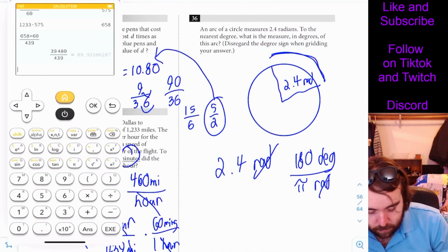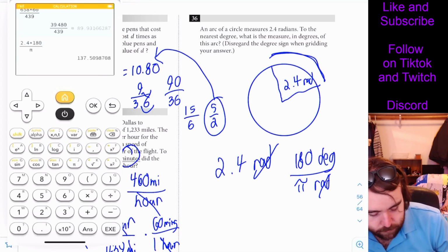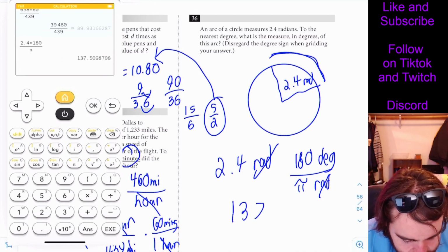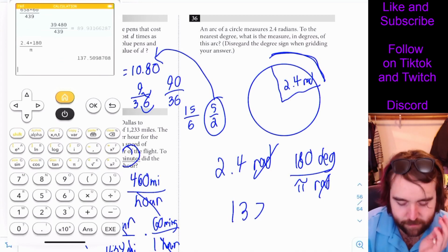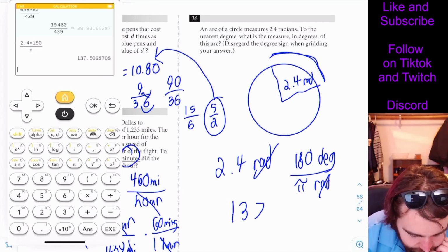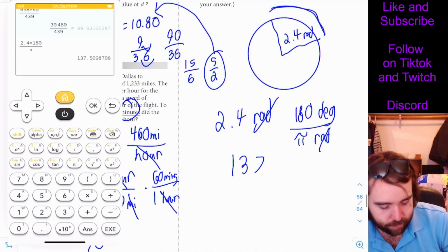We simply need to do 2.4 times 180 divided by pi. And it should be 137.5. How do they want this answer? To the nearest degree? Are you kidding? What? Did I do something wrong? 2.4 radians, 180 degrees in pi radians. I mean, the nearest degree is 138.